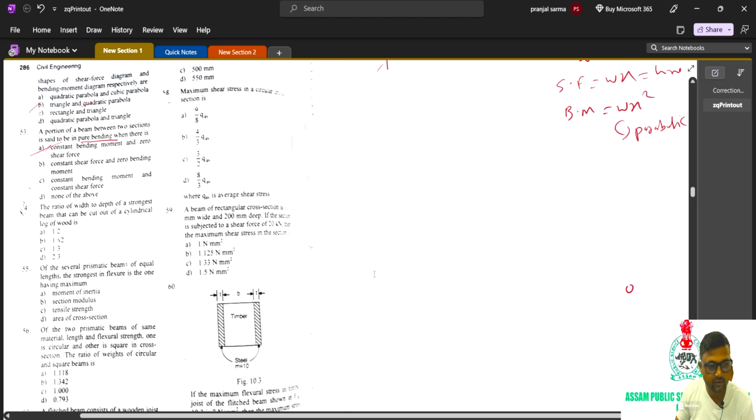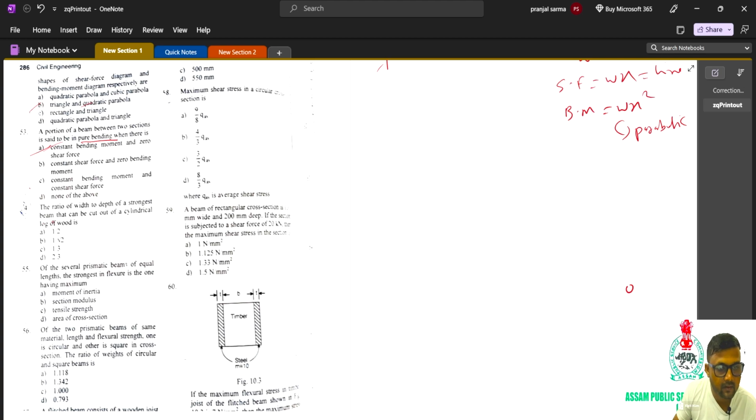Now let us look at question number 54. The ratio of width to depth of the strongest beam that can be cut out of a cylindrical log of wood.